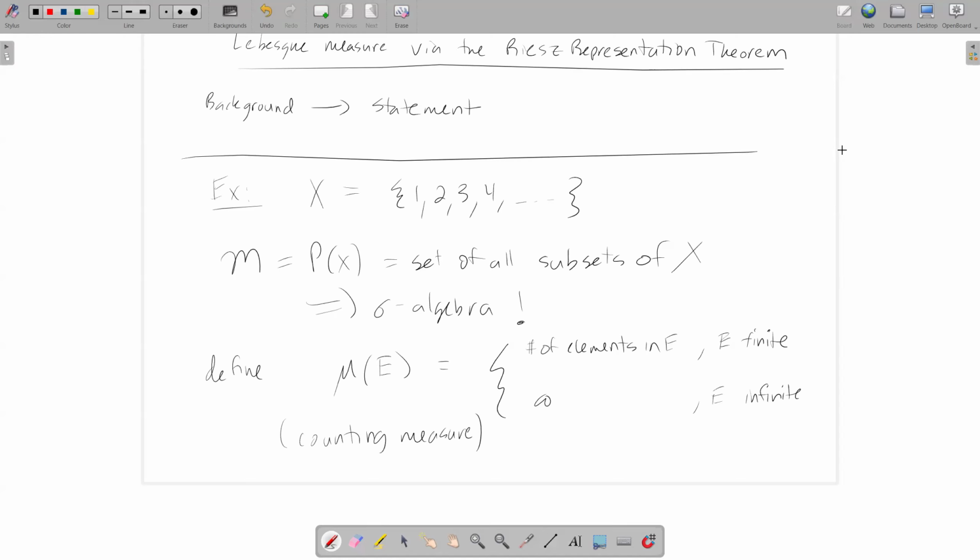If you think about it here, the integral of a measurable function, and every function is measurable here, by the way, is simply going to be the infinite sum of the values. So that actually gives you, back to that merchant's bill example that I gave in the first video.